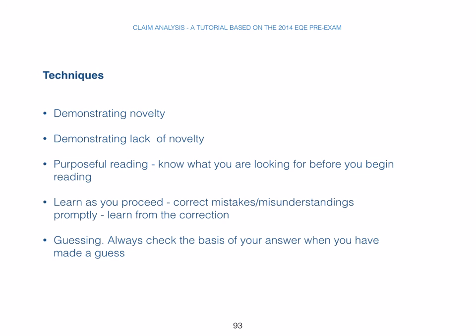Here are some of the techniques that we have been using to tackle these different questions. The technique of demonstrating novelty means that it's sufficient to have one difference in the claim over the prior art for the claim to be novel.